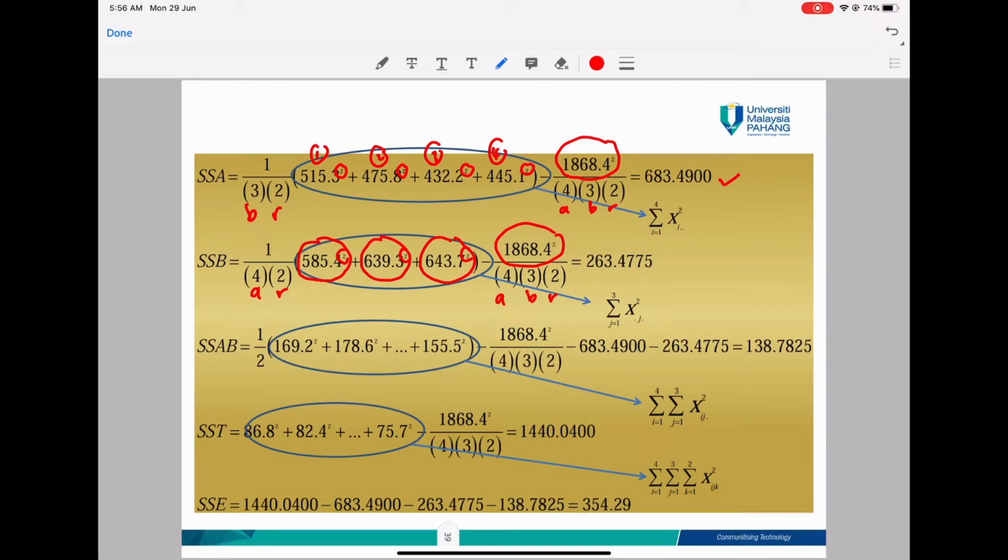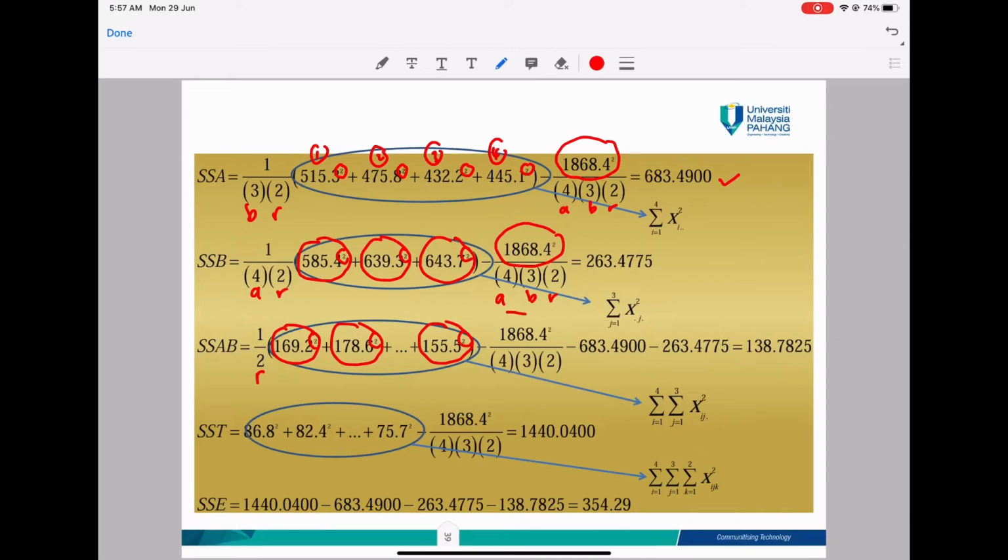Next, we move on to the SSAB. SSAB equals 1 over R, which is 2, multiplied by the summation for the first interaction, first treatment, the second treatment, until the last treatment. Also, don't forget the square value.